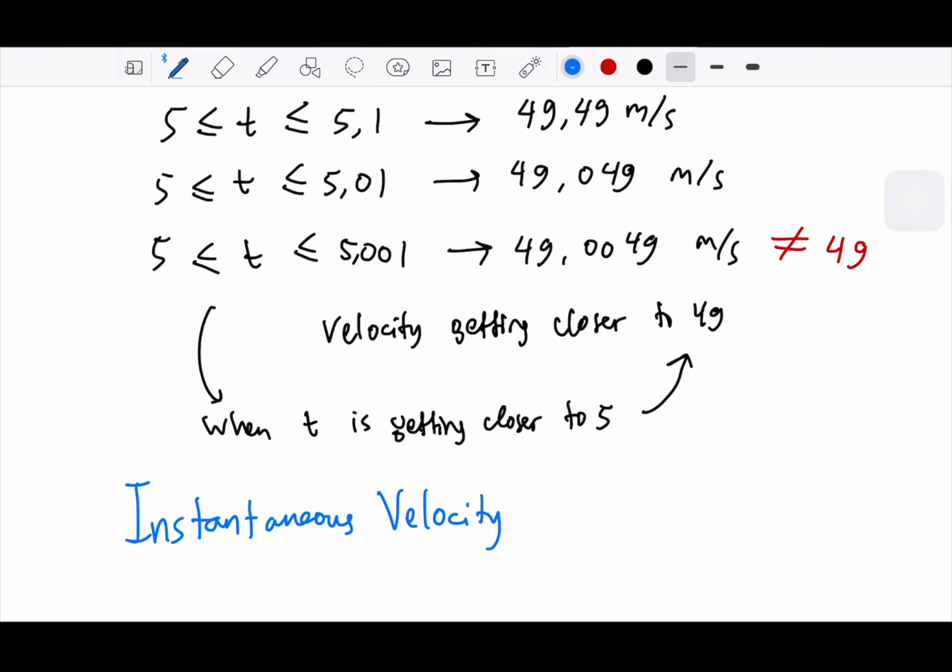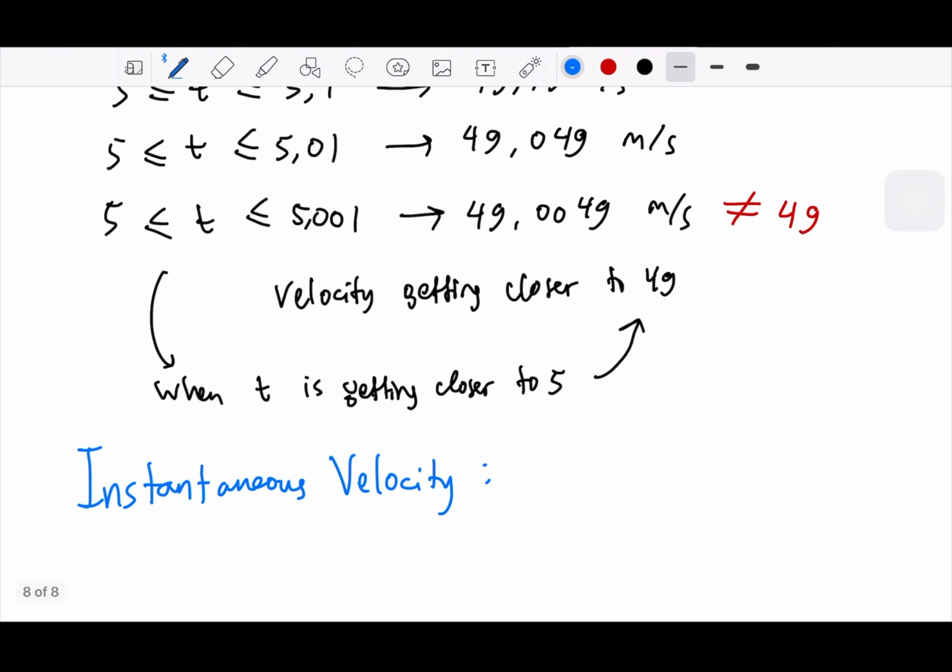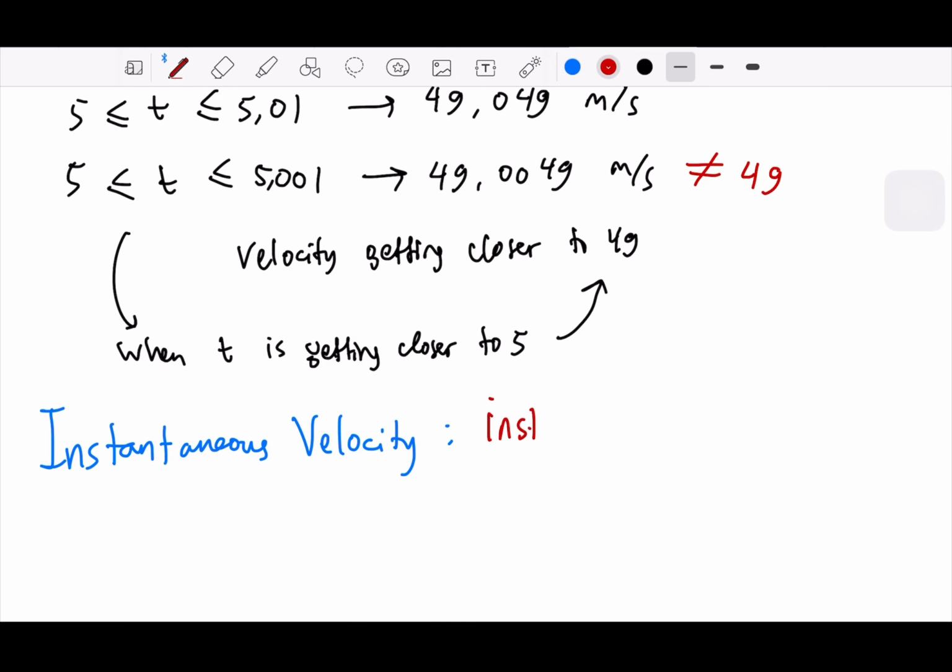Instantaneous velocity means this is velocity that happens instantly after 5 seconds, so in a really short period of time. Hopefully from the tangent problem and velocity problem you get the idea of how we can define the concept of getting closer in limit.